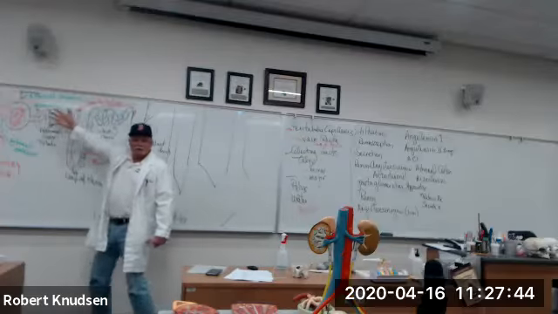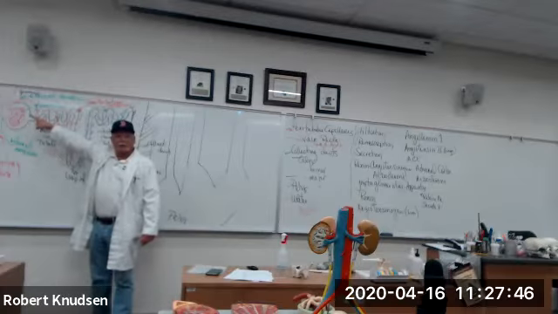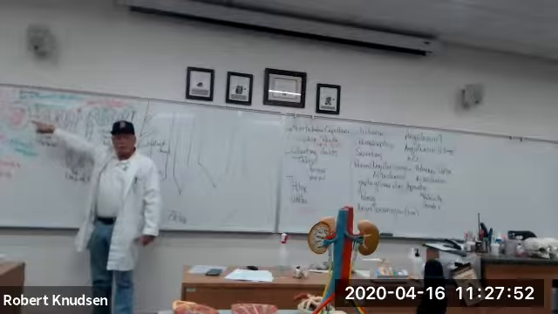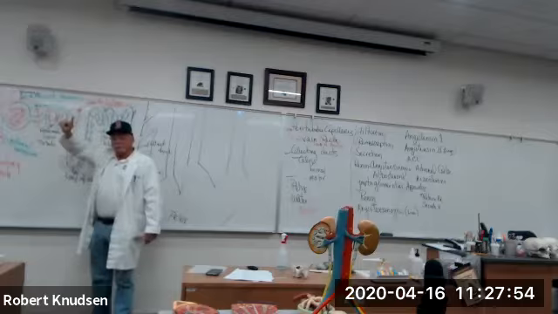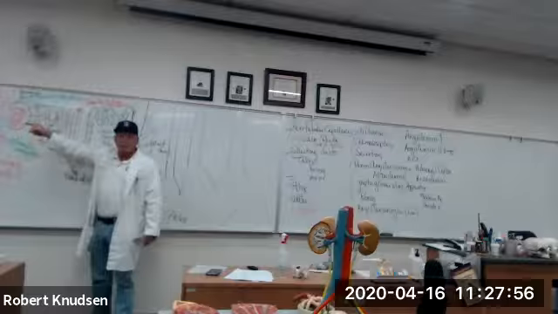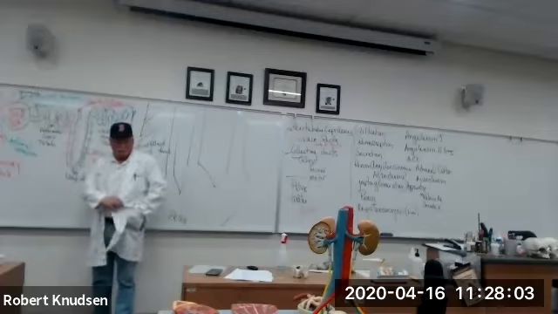Where did filtration occur? How about right there in Bowman's capsule, in the glomerulus? Wasn't that a fenestrated arteriole? Didn't filtration occur there? Didn't I talk about stuff that stayed behind because it was too big and stuff that was filtered out in the sink? So filtration happened there. That is a huge term.